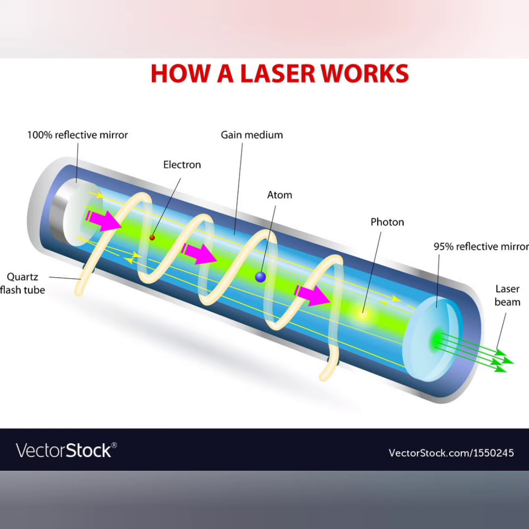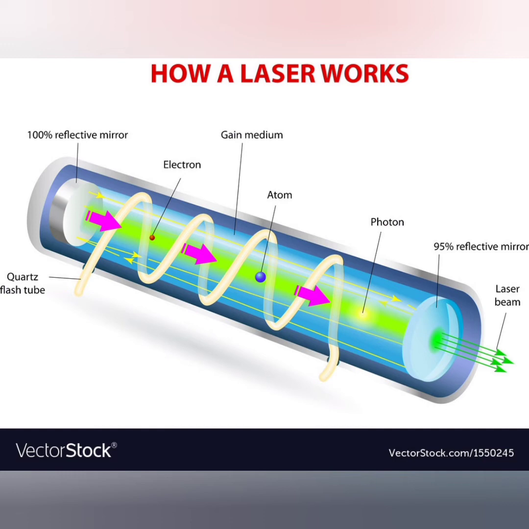Now as I said, these amplified photons will pass through a semi-reflective mirror to the other end, which will come out as a laser beam. So you can all go through the PDF file and notes and get a better understanding.